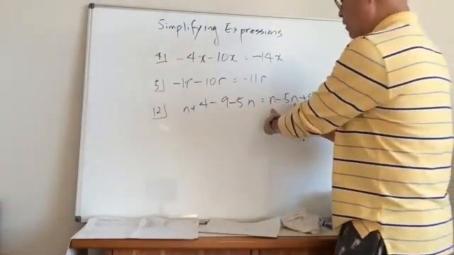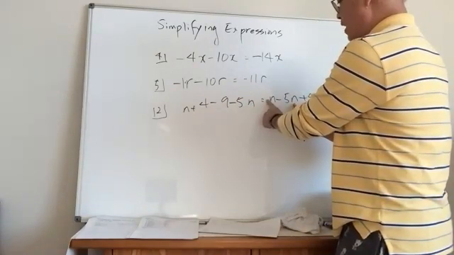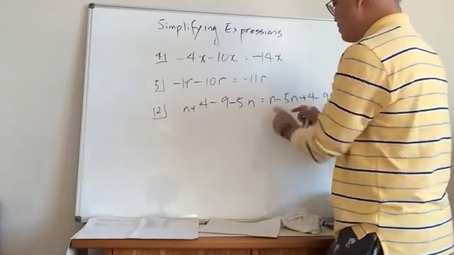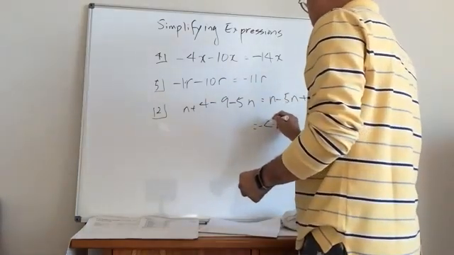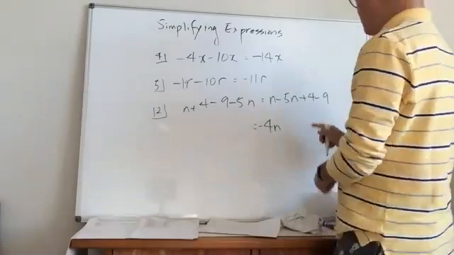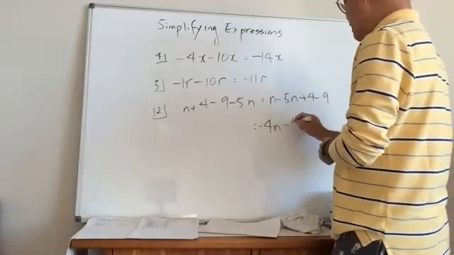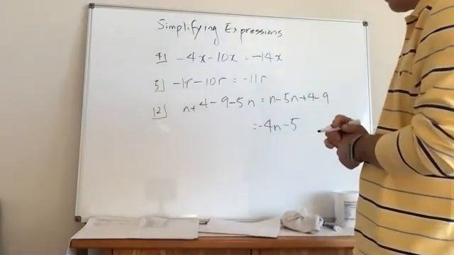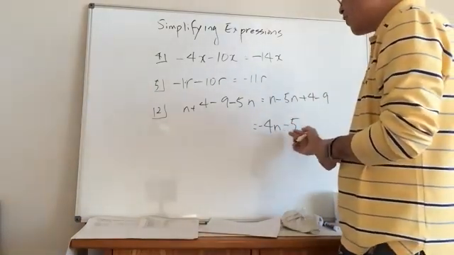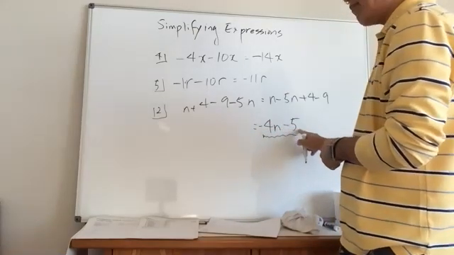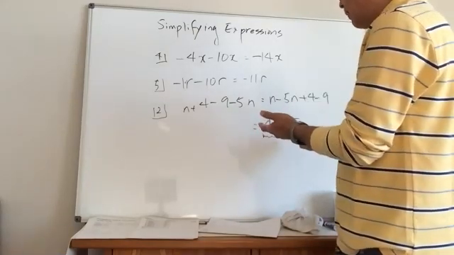Now I can combine these together. I have 1n minus 5n, so 1 minus 5 is minus 4, so I have minus 4n. And here I have 4 minus 9, which is going to be minus 5. This is as far as I can go, right? Again, this has n. This does not have an n, so I cannot combine these together.